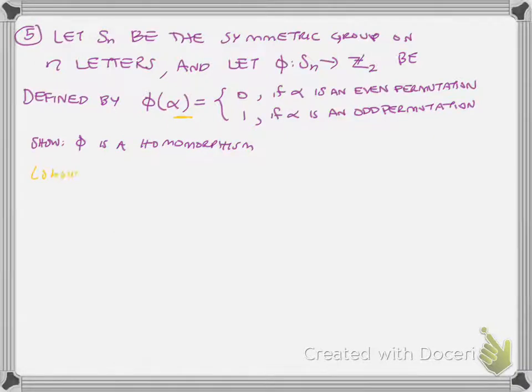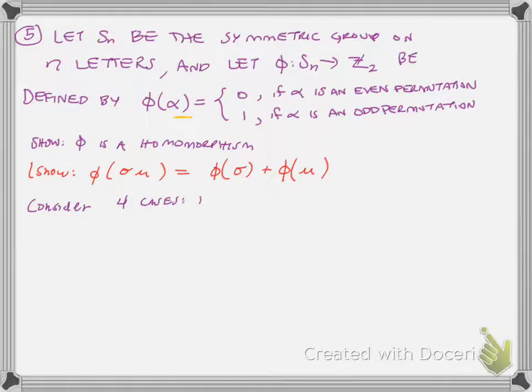So again, we want to show that phi of, let's say we take two elements, let's say sigma and mu, equals phi of sigma plus phi of mu, because Z2 is under addition, right? So we actually need to consider, to solve this, we have to consider 4 cases.